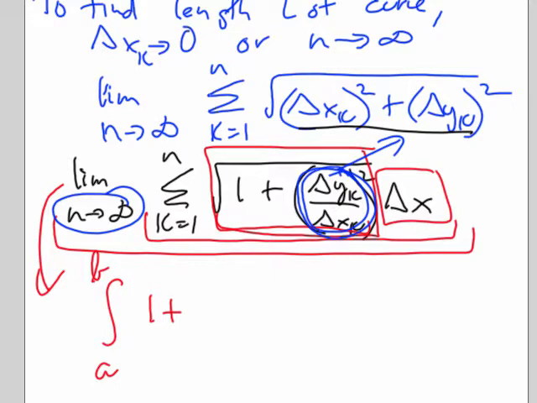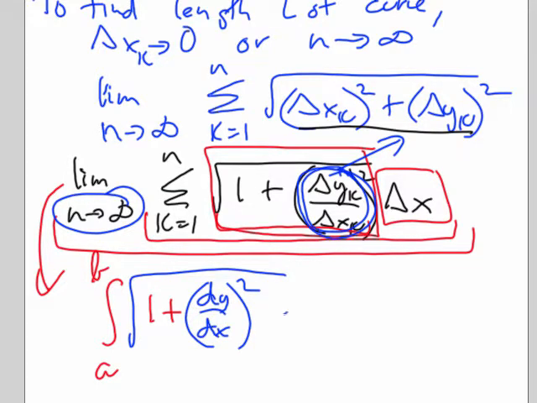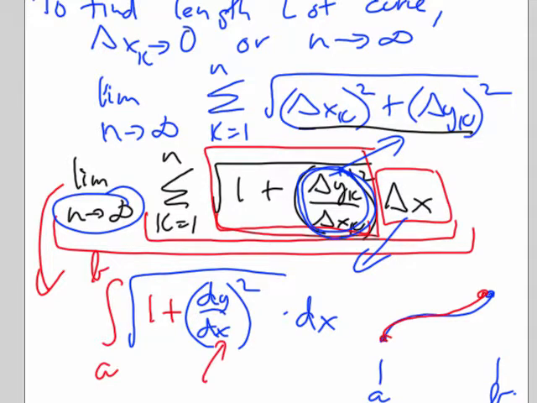In other words, the derivative. So I can write dy/dx squared, the square root of all that, times infinitely small delta x becomes dx. And this gives me the length of a curve from x equals a to x equals b, as long as the curve is smooth. In other words, the derivative is continuous.